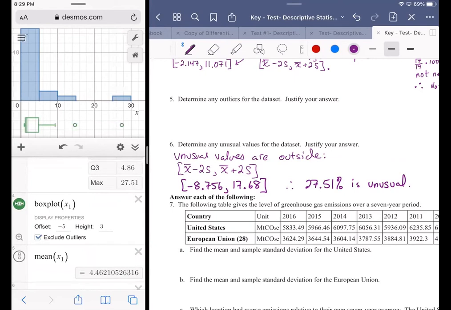You tap on that, and what it'll do is identify the outliers for you, right? So you look at it and say, well, these two dots here represent my outliers, and you could just tap on them, right? What we have here is known as a modified box plot.